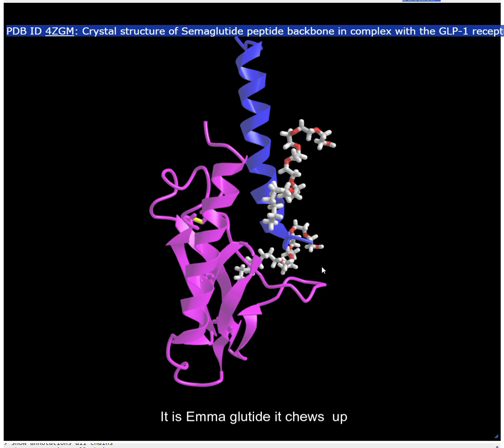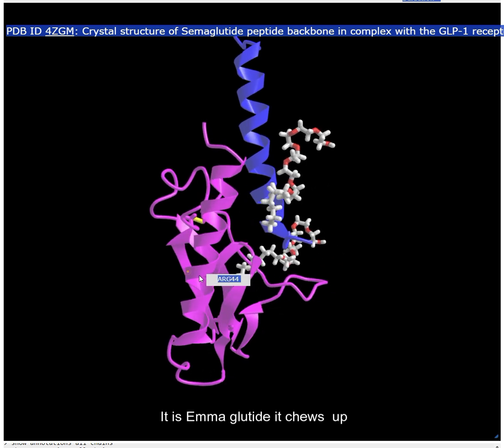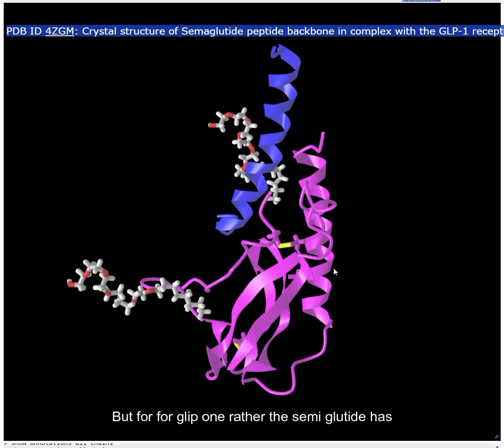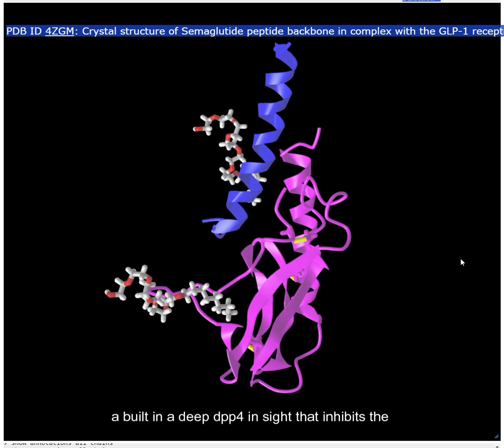But the semaglutide has a built-in modification at the DPP4 site that inhibits the enzyme from degrading it, so it continues its signal for a long period of time. So what would be very interesting is to see where the cut site is.